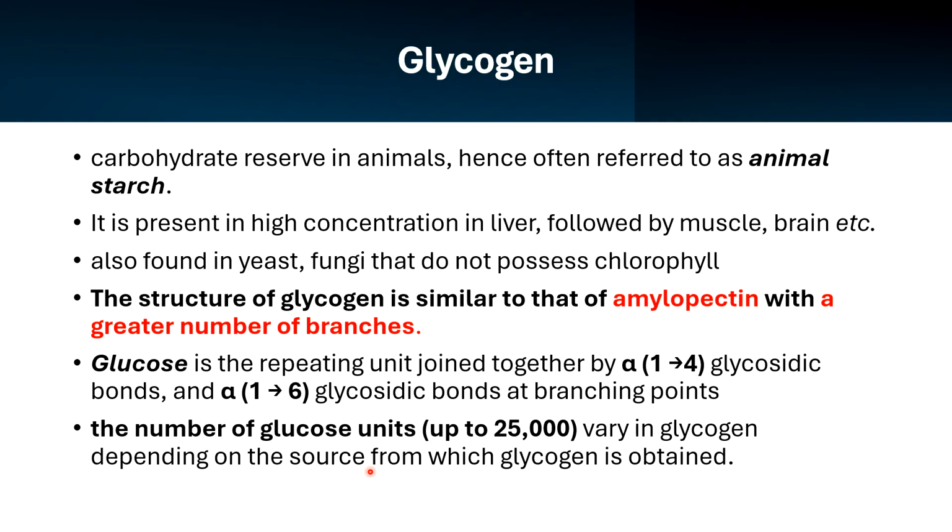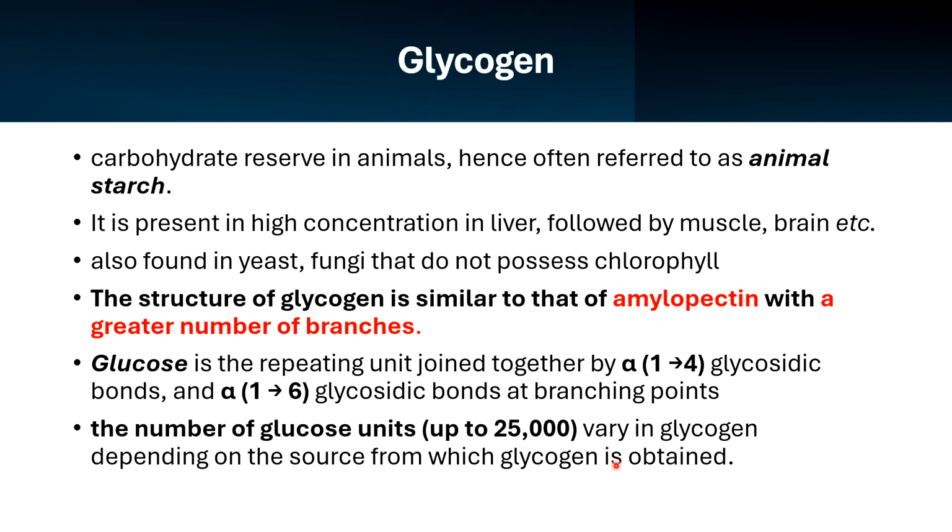The number of glucose units which form glycogen is lesser than that of amylopectin. In amylopectin, up to 2 lakh residues can be present, but in glycogen the maximum limit is 25,000 or sometimes 30,000 residues of glucose connected together.